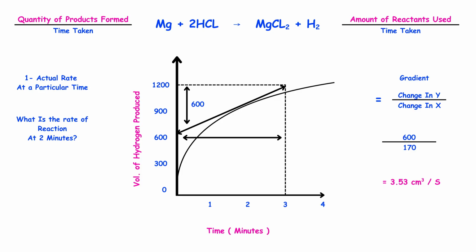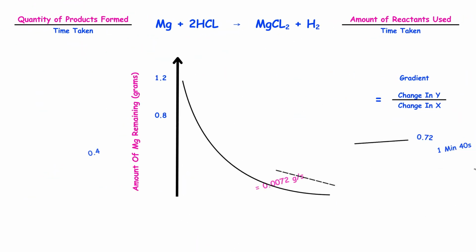Measure the vertical change in hydrogen volume, known as delta Y, and the horizontal change in time, known as delta X. In this example, suppose delta Y is 600 cubic centimeters and delta X is 170 seconds. Dividing 600 by 170 gives a rate of approximately 3.53 cubic centimeters per second.